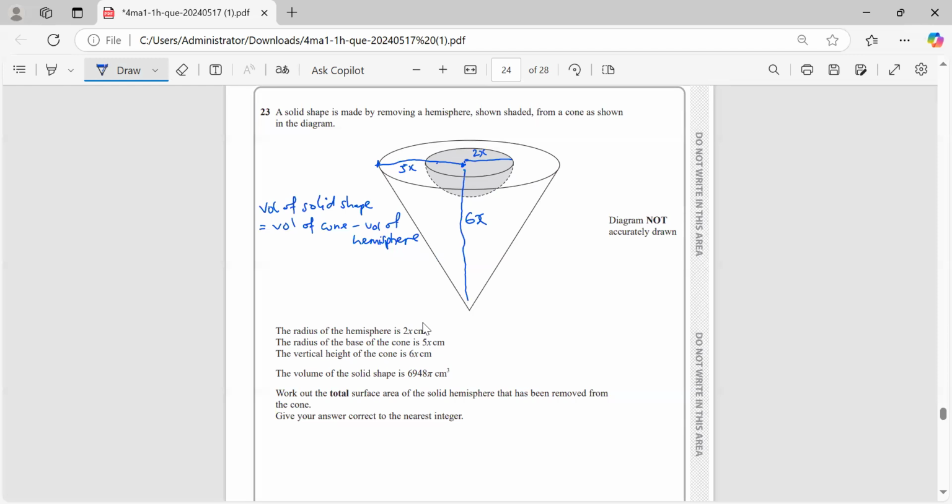Okay. So in order for us to come up with an expression we can use, for the volume of the cone we use 1/3 pi r squared h.